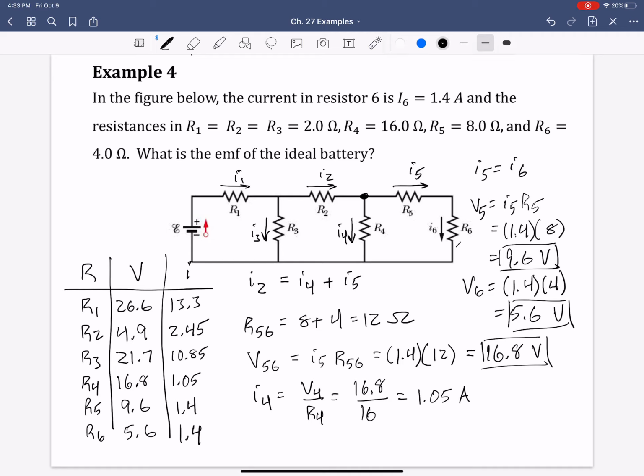Right? And now we simply add up those values and see what we get. So add up the voltages. We should get a whopping 48.3 volts.